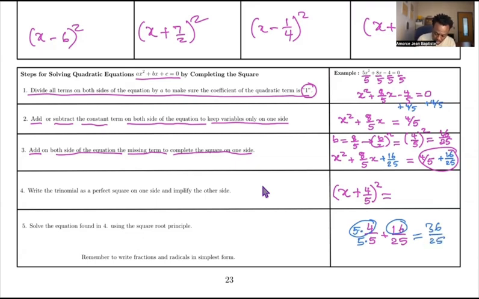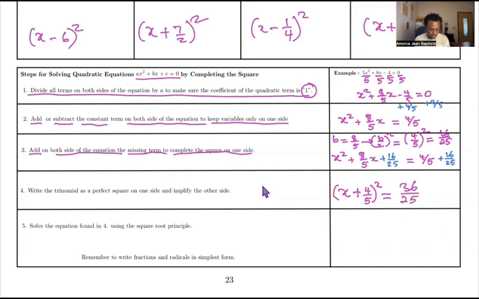So that's what we get here when we combine 4 over 5 and 16 over 25. So that's what it says here. Write the trinomial as a perfect square on one side and simplify the other side of the equation.